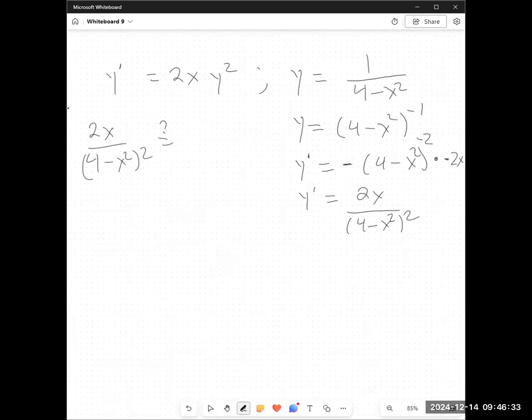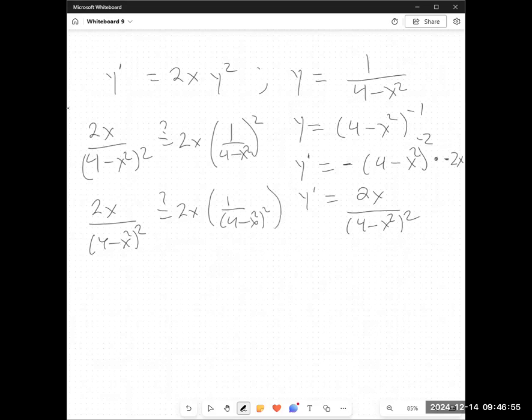And is that equal to 2x times 1 over 4 minus x squared squared? So 2x, 4 minus x squared squared. So that equal to 2x times 1 squared is 1, over 4 minus x squared squared. 2x times that.